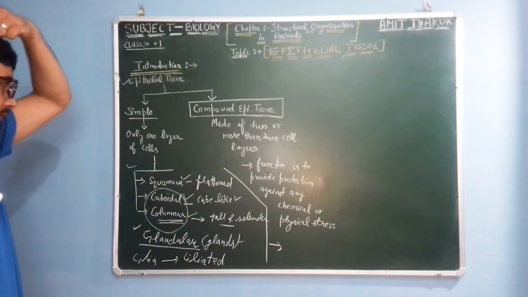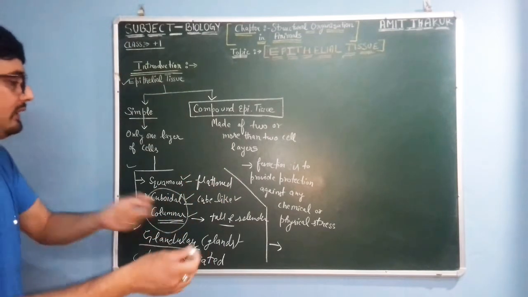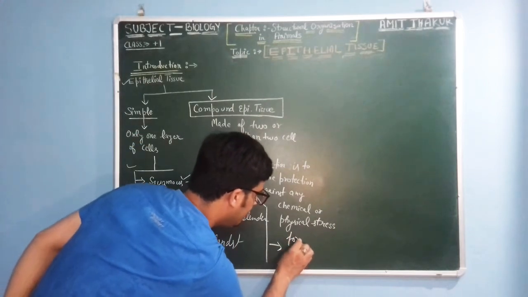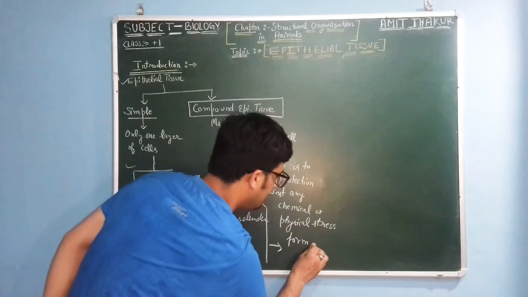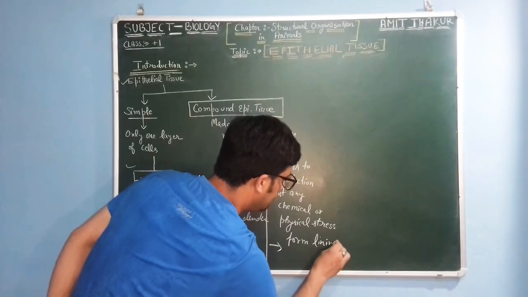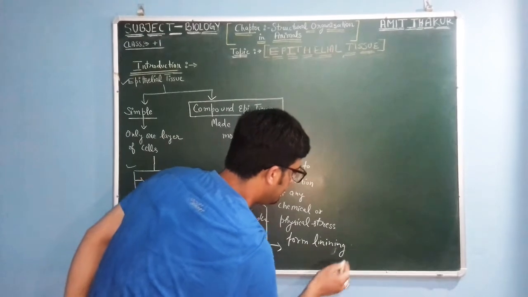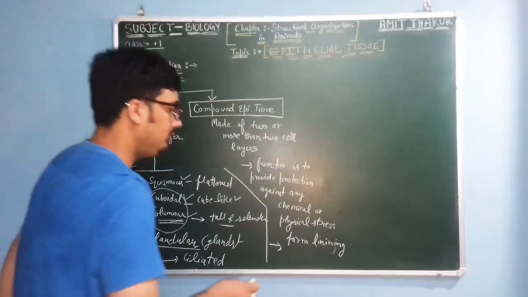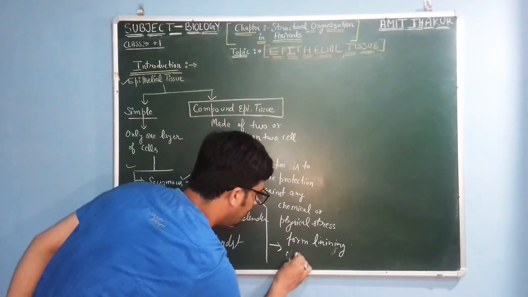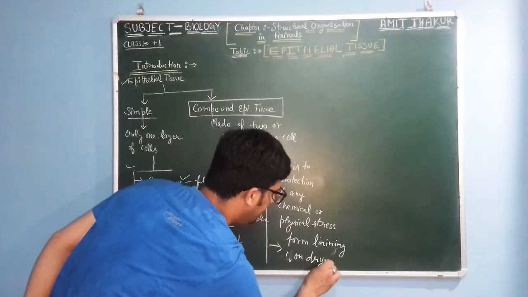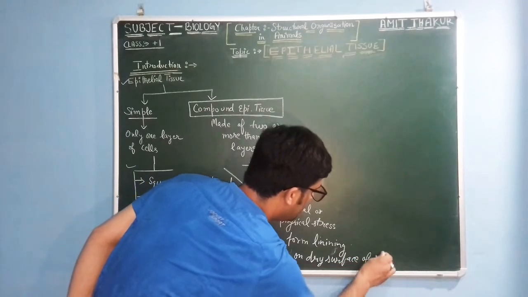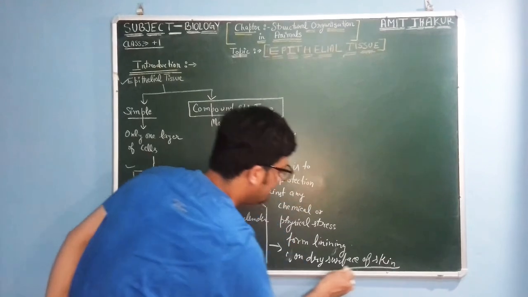And in case of compound epithelial tissue, this forms a lining on the dry surface of skin.